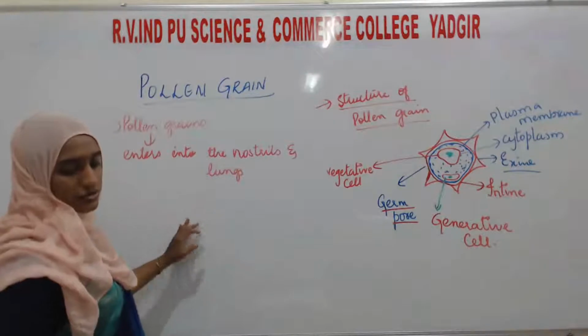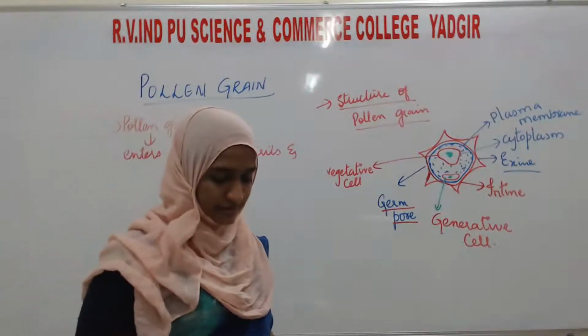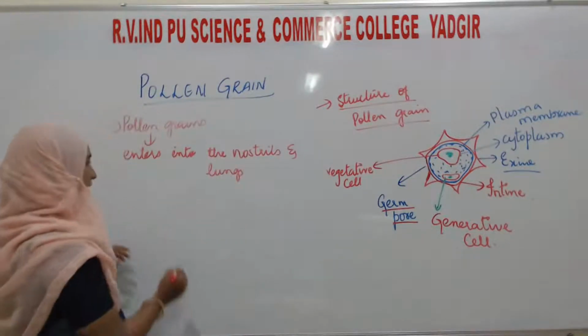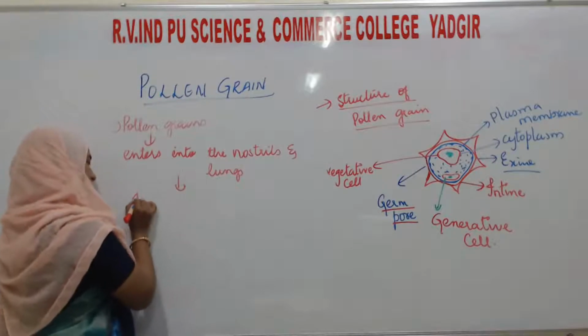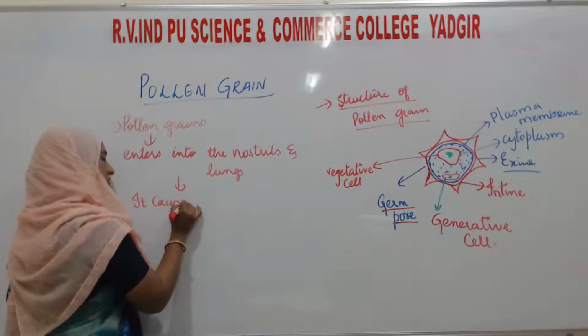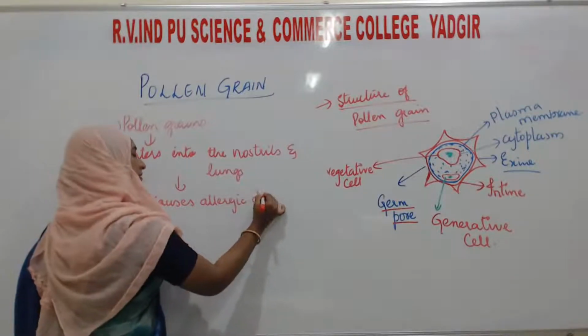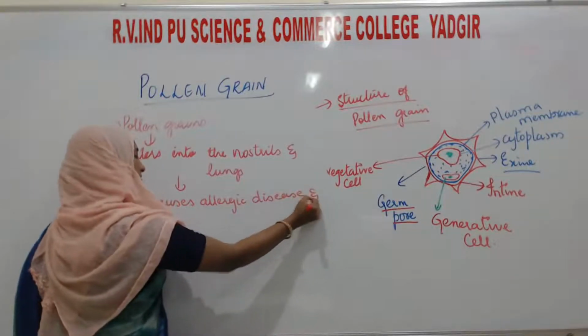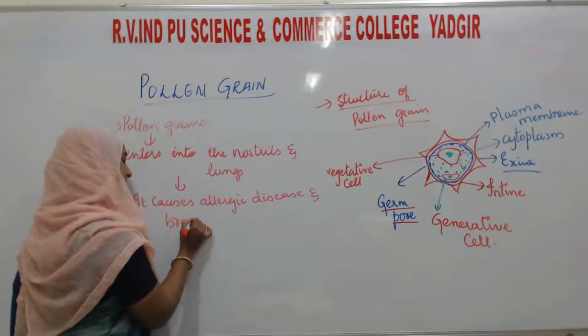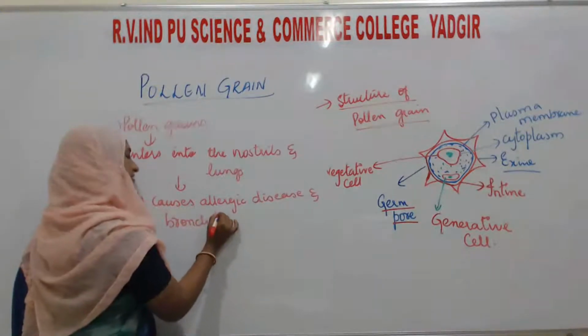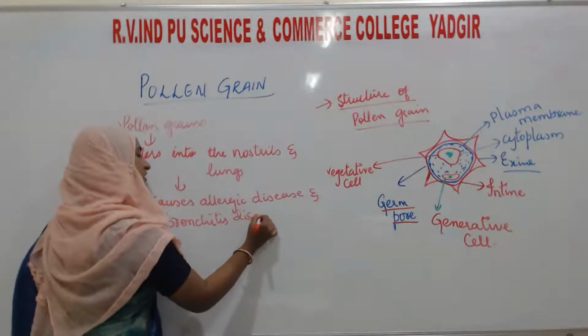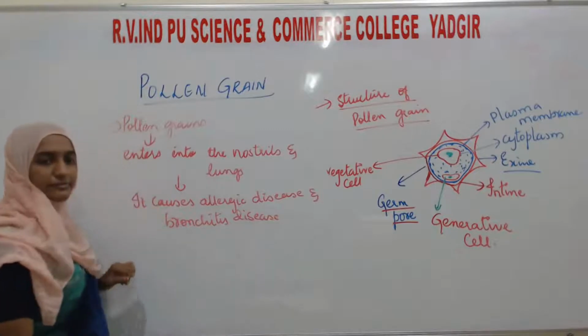When they enter into the nostrils and the lungs, they cause allergic diseases and bronchitis diseases. Bronchitis diseases means diseases which are related with the lungs.